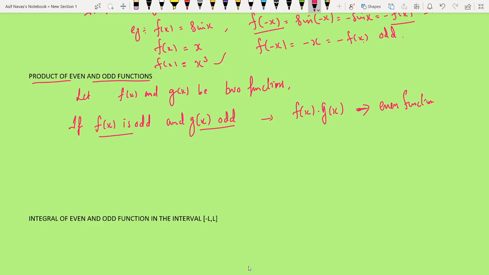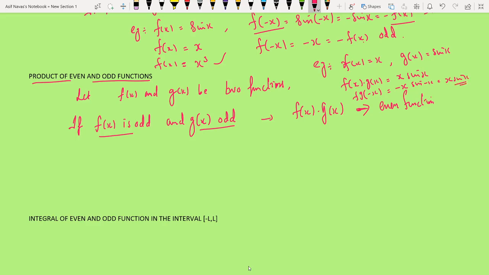For example, if f of x is equal to x, g of x is equal to again sin x, then f of x into g of x is x sin x. So if you put the value, g of minus x is equal to minus x sin minus x, which is equal to x sin x.